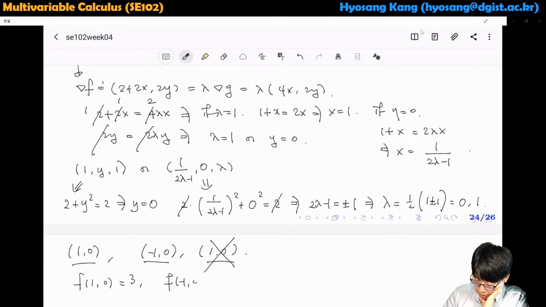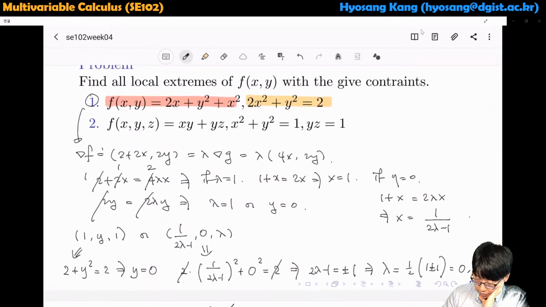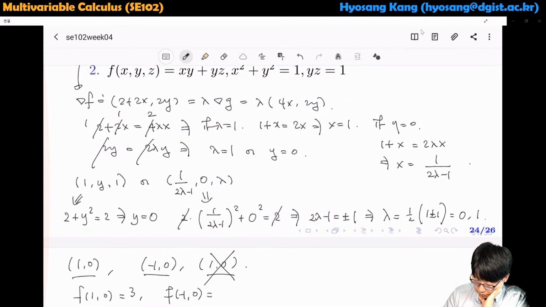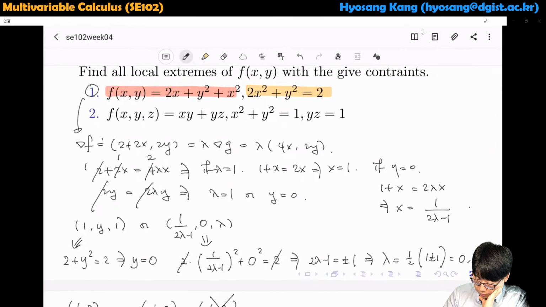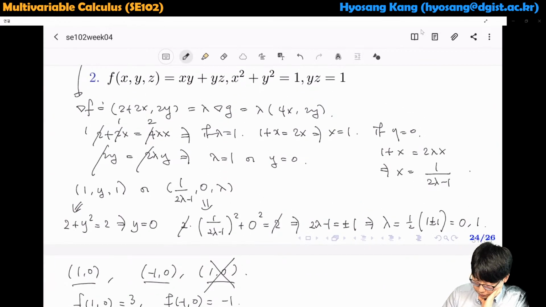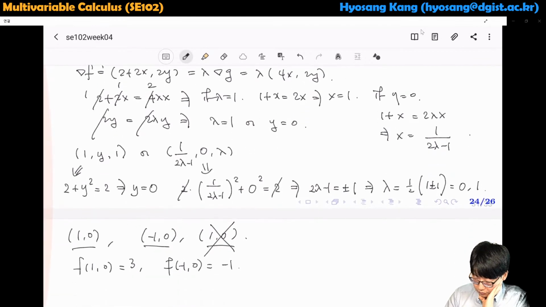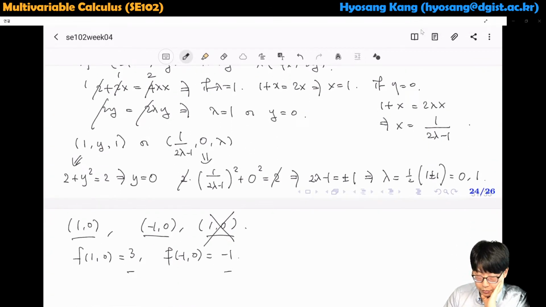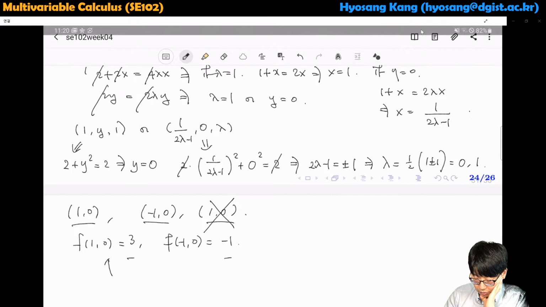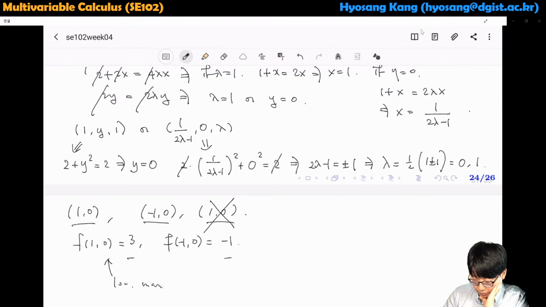And what about (-1, 0)? It becomes -1, right? So this is bigger and this is smaller. So we know that this is the local maximum and this is the local minimum.